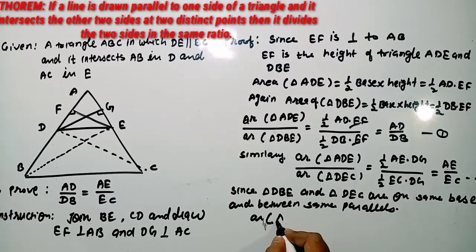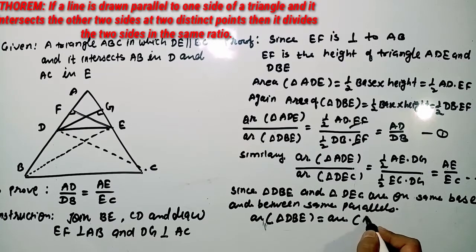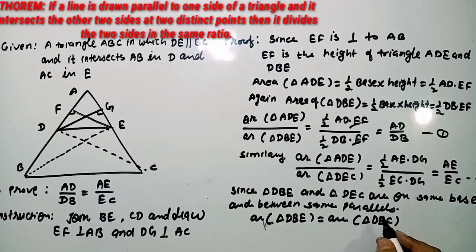So the area of DBE is equal to the area of triangle DEC. We have studied that triangles between two parallel lines on the same base are always equal in area. So this is result number 3.